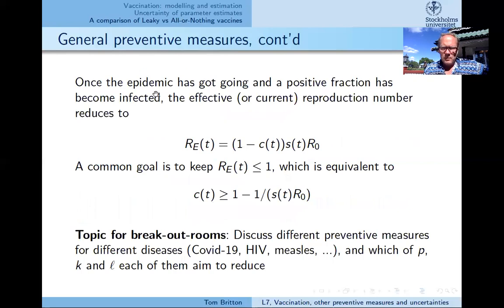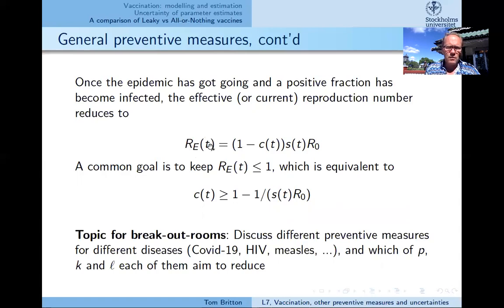I think this is a little bit of repetition from before, but if the epidemic has got going, then after a while a positive fraction have become infected, so the effective or current or daily reproduction number can be denoted RE of t.